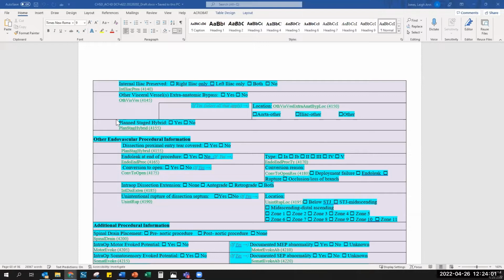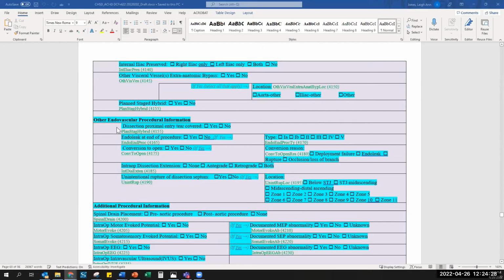It can occur, you know, a week here and then a week later. It's still hybrid. You'd still want to code that because it is part of a planned staged hybrid. But most often, a lot of times you'll see it in the same episode of care. So they'll do the arch branch management first, and a couple of days later they'll do the TEVAR.